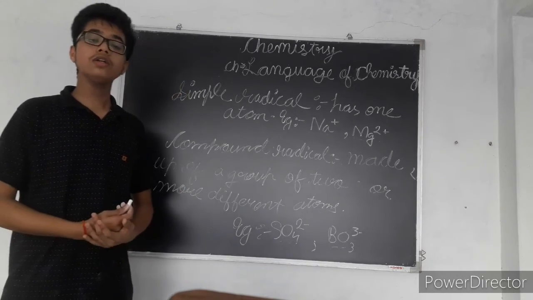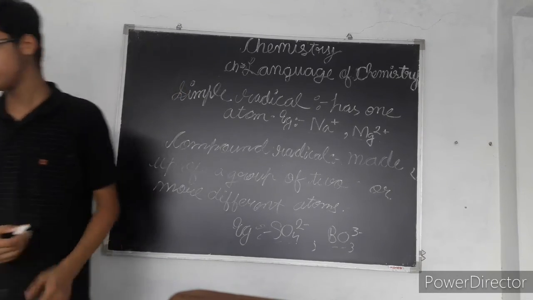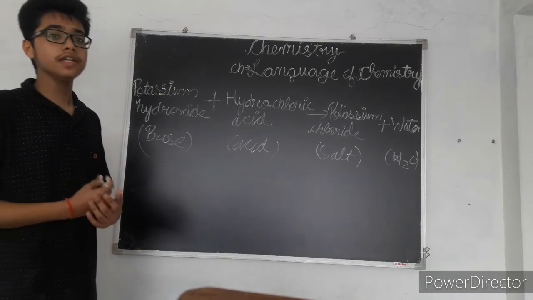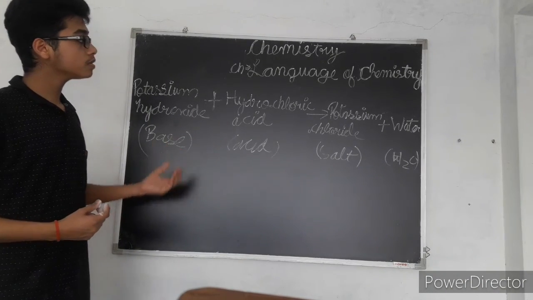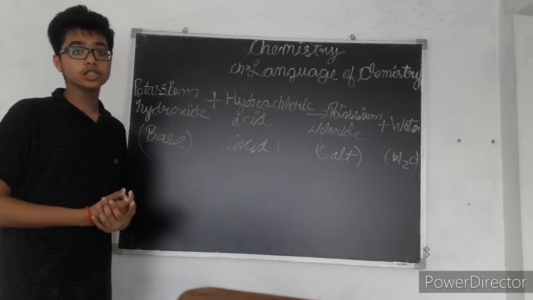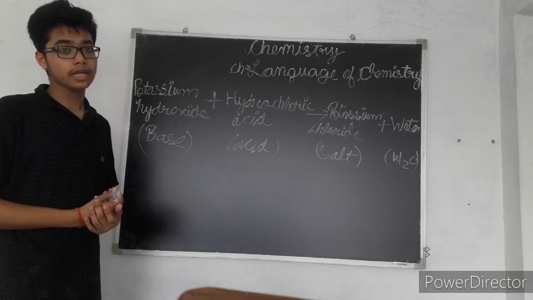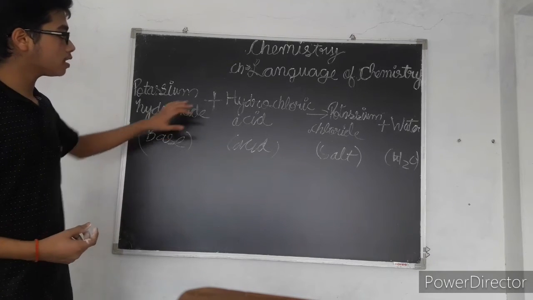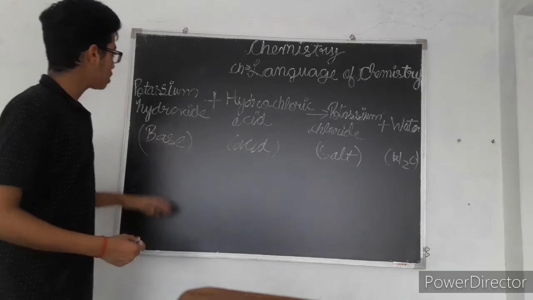Now we will study about basic and acidic radicals. Friends, we have studied about radicals. Now we will study about electropositive radicals and electronegative radicals. Here I have written one reaction.